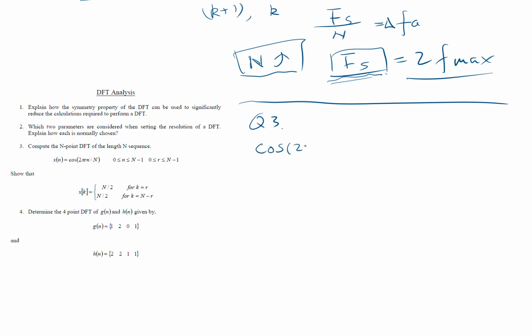So this cosine of 2 pi r n over capital N, with lowercase n over capital N, can be rewritten like this. x[n] equals 1/2 e to the j 2 pi r n over capital N plus e to the negative j 2 pi r n over capital N. Okay, you can see that there's some similarity to the previous question.